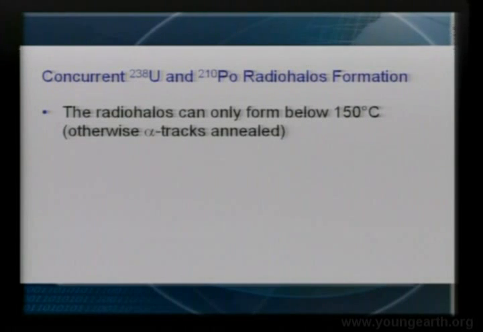Otherwise, the alpha tracks, the little particle damage trails, are annealed. That is, they're wiped out. Let me explain that to you. When the alpha particle goes through the crystal lattice like the wall, it damages the crystal. That is, it pushes the atoms of the crystal structure out of alignment.